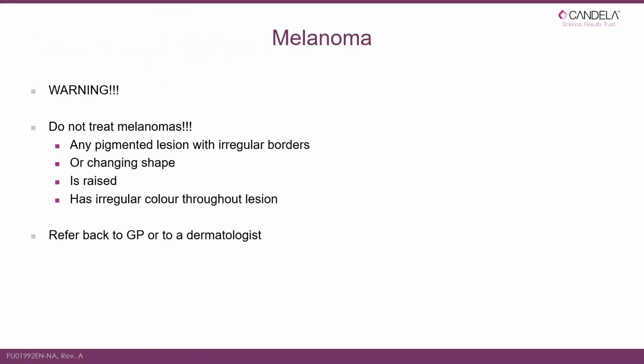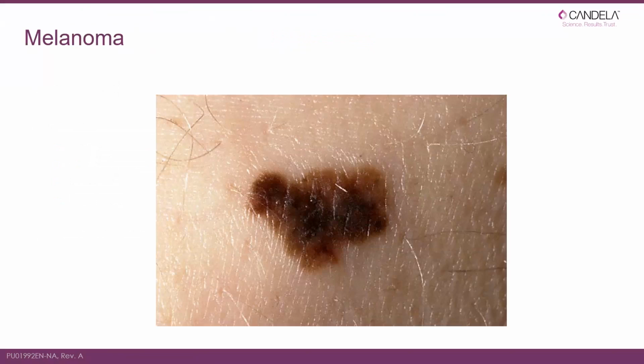And one way to have an idea of whether the pigmented lesion you're looking at is a melanoma. Melanomas tend to have irregular borders, or when you take the history from your patient, there's a change in the shape. They can be raised, and also they have an irregular color throughout that lesion. So here is an example of a melanoma.